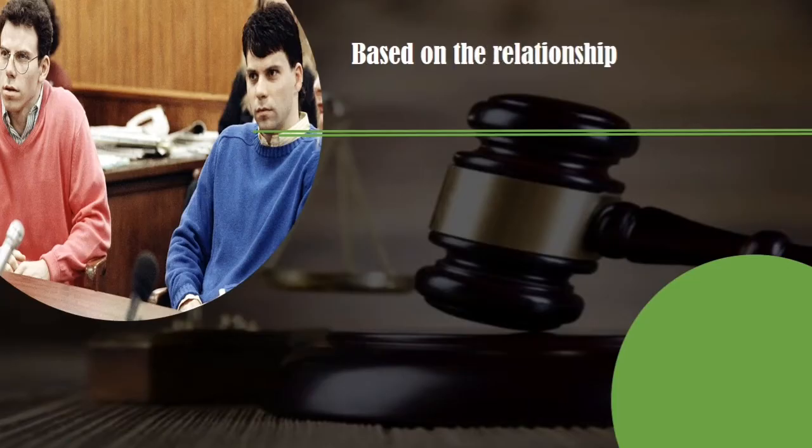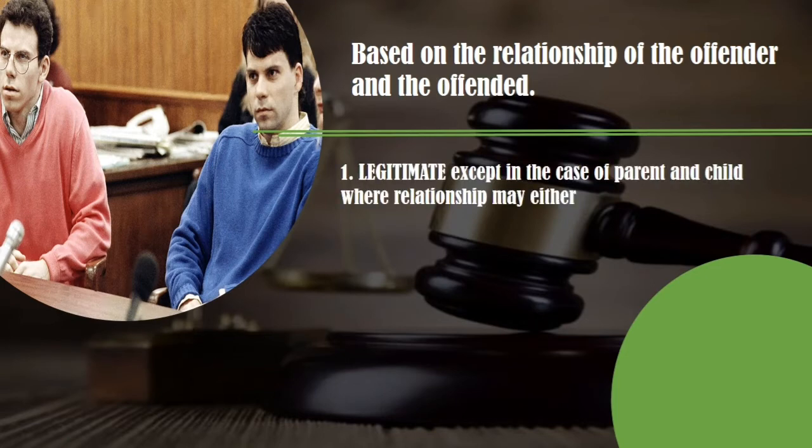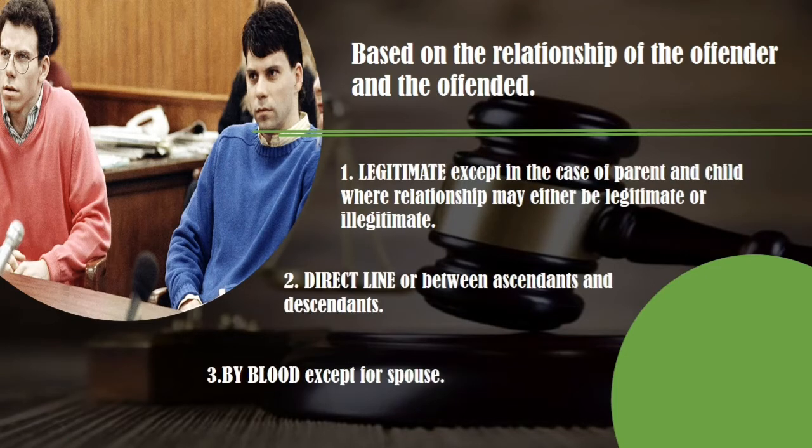So class, based on the relationship of the offender and the offended, the relationship must be, one, legitimate, except in the case of parent and child, where the relationship may either be legitimate or illegitimate. Second, it must be a direct line, or between ascendants and descendants.